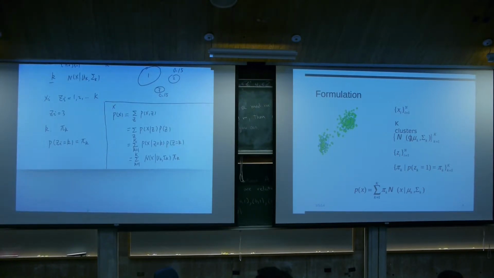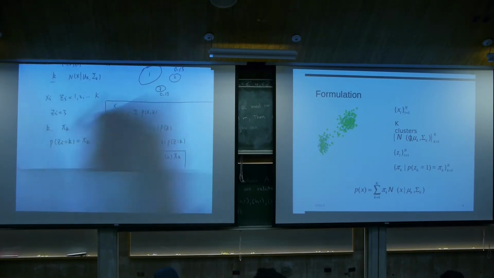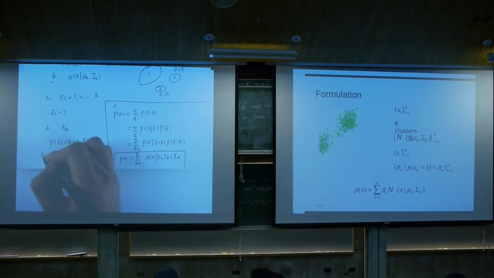We are done. So this equation is the density function of a Gaussian mixture model. So a Gaussian mixture model is essentially a distribution, and its density looks like this. Notice that pi_k is greater than or equal to 0 and less than or equal to 1, and their sum equals 1.